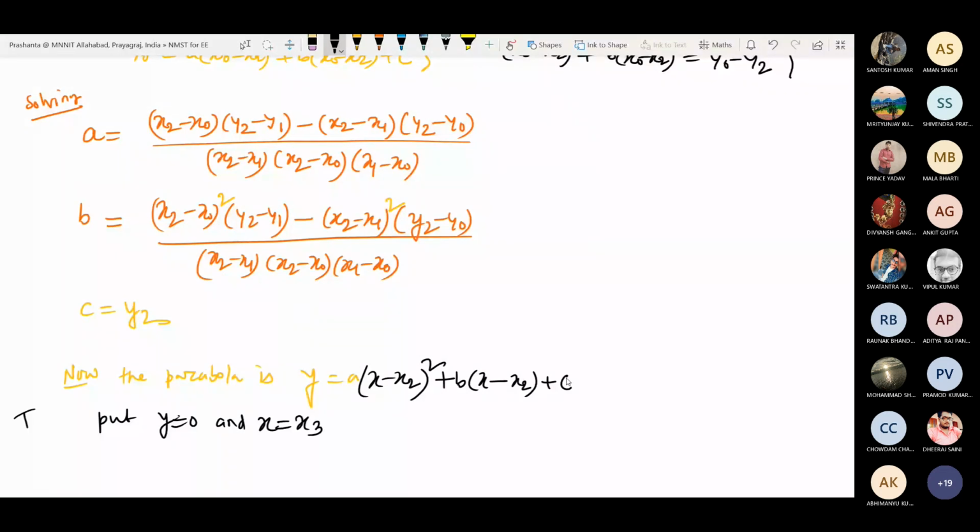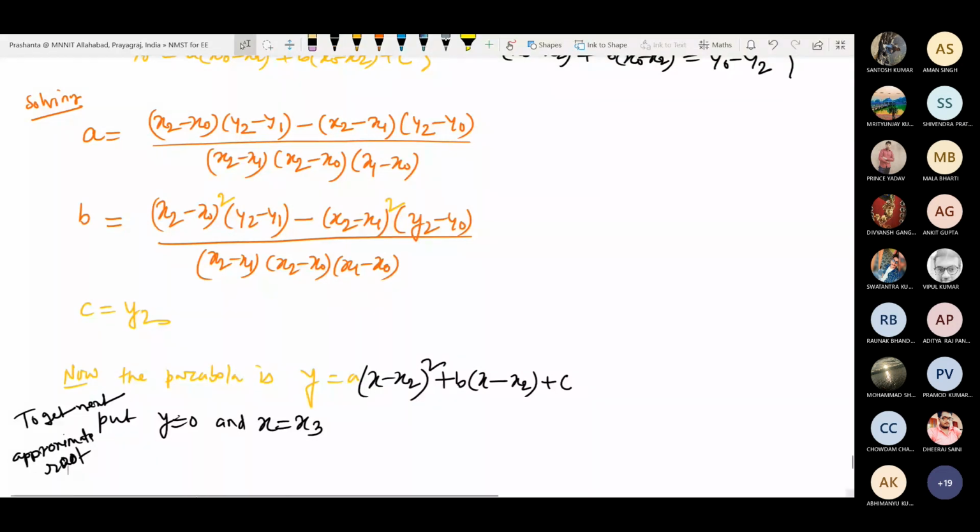So to get the next approximate root, put y equals 0 and x equals x3.